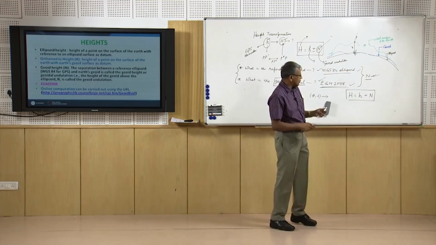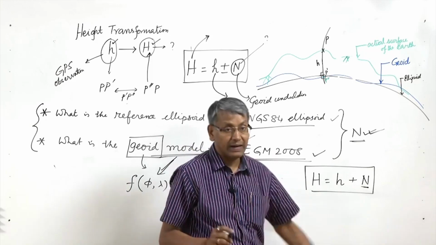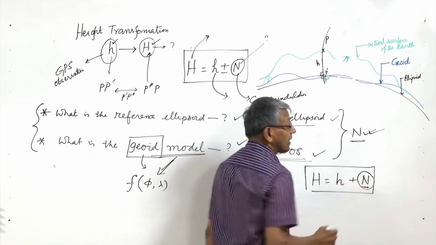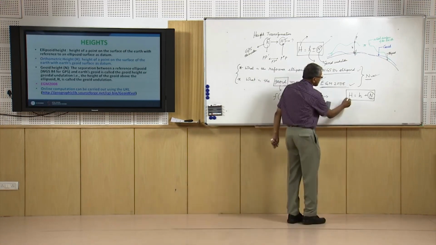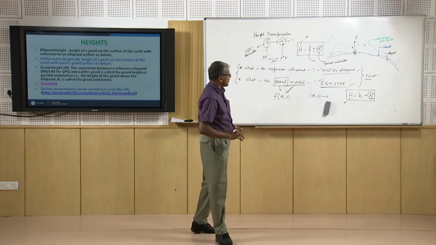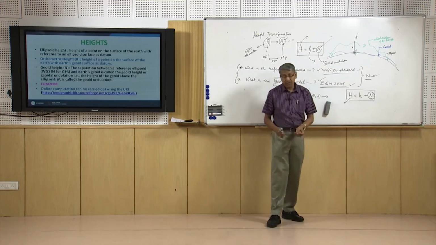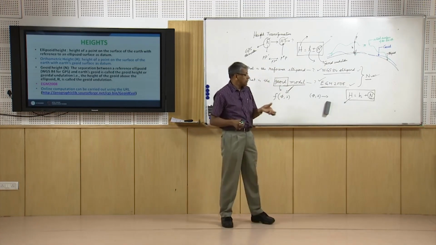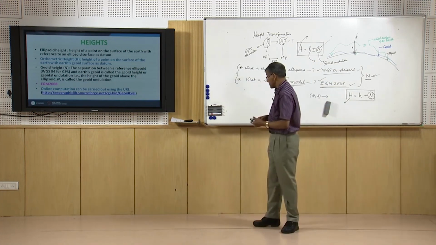So finally we end up with this if we find the value of N from online software. In this way we can find the orthometric height quite easily using GPS surveying, which is the boon of GPS surveying. In conventional methods of surveying, finding the orthometric height is a very challenging problem, which can be done quite easily in GPS.